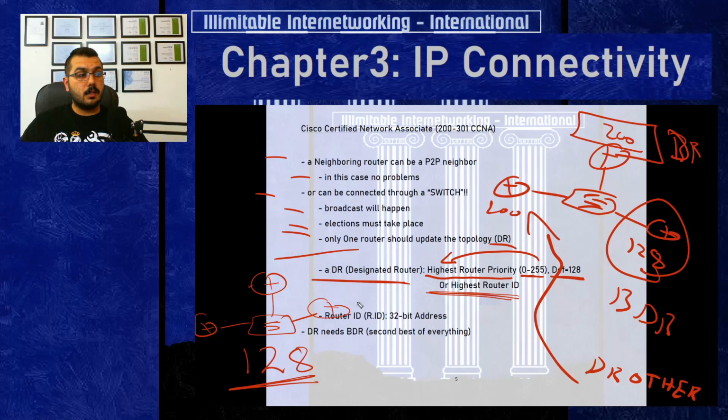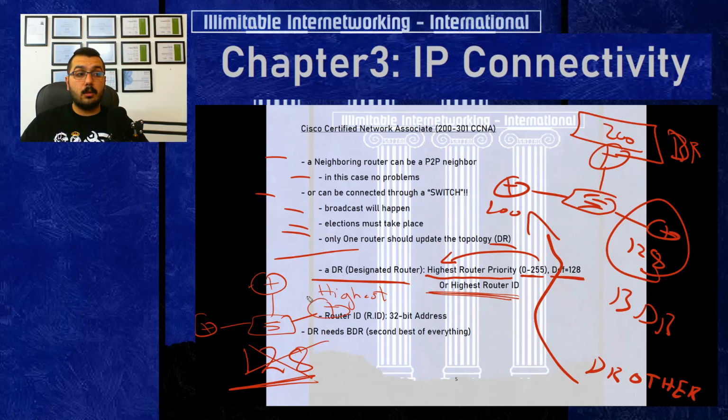If all of these router priorities were equal, then OSPF will not make any use of this number. It will compare between the router IDs of these routers. The router ID is the highest router IP configured inside a router. Maybe it's loopback, or maybe manually configured, or maybe automatically assigned as the highest IP address.